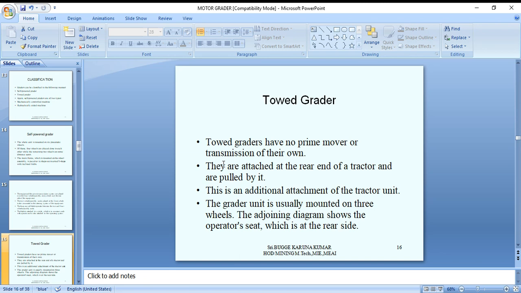In most tractor units, the grader unit is mounted on three wheels. The adjacent diagram shows the operator seat, which is at the rear side. So this is a tower type grader.